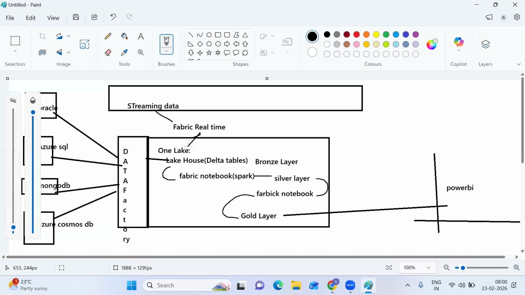Once data came into OneLake, again you are processing it. If any batch process you want to perform, Fabric. A real-time process you want to perform, directly Fabric Real-Time is there. It extracts the data from the streaming sources, applies live real-time analytics, and dumps the results into OneLake. For further processing, again you are using Fabric.